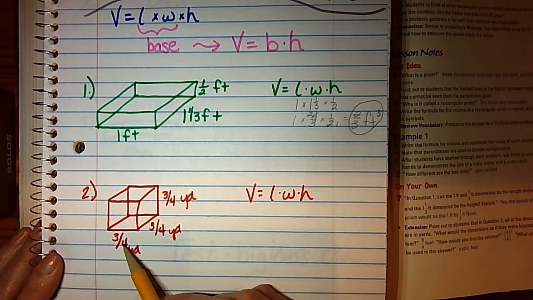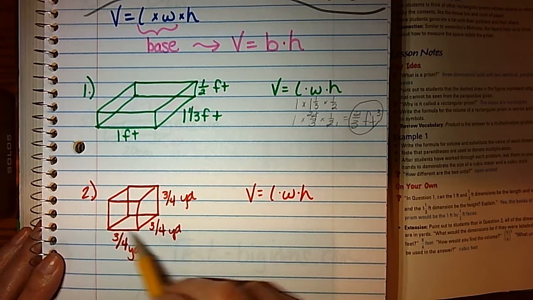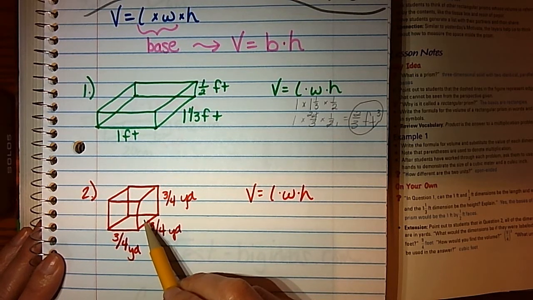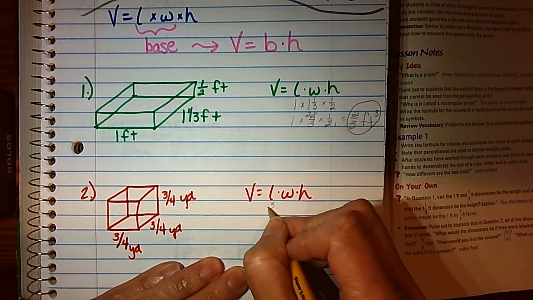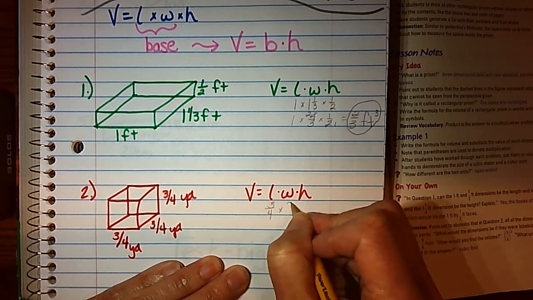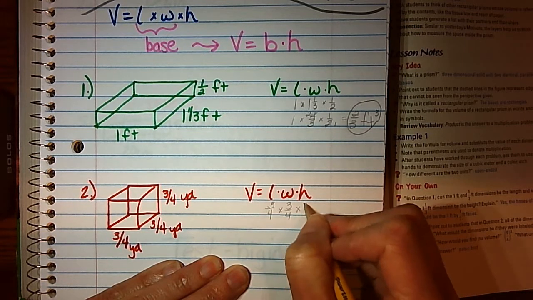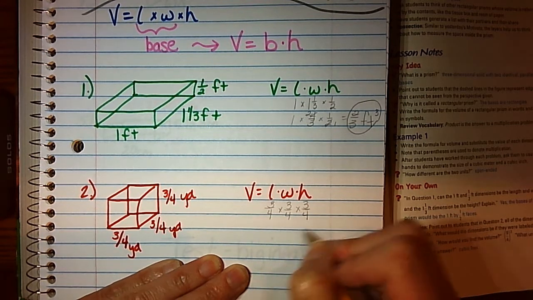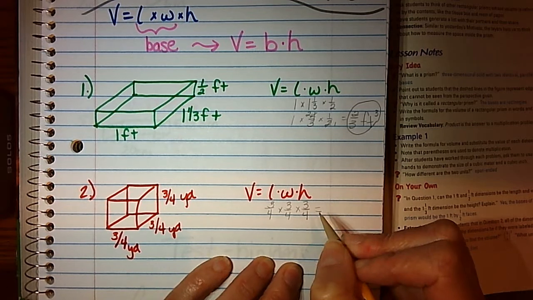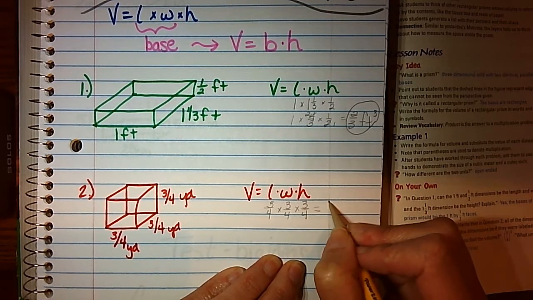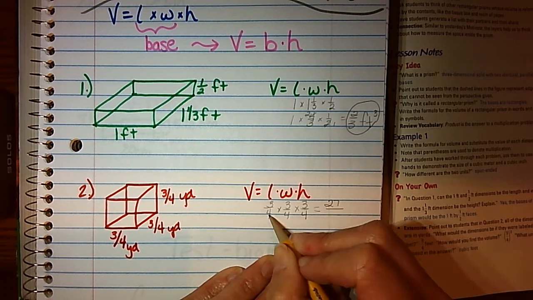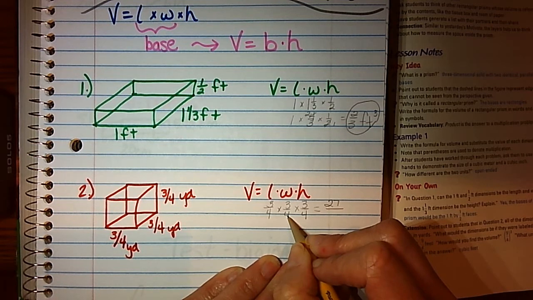Number 2, we have length times width times height. This is a cube, and all sides are equal on a cube. So I'm just going to go ahead and do 3/4 times 3/4 times 3/4. Can't cross cancel anything. So just multiply across. 3 times 3 times 3, 27. 4 times 4 is 16.